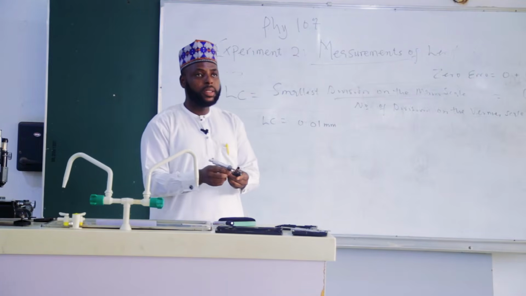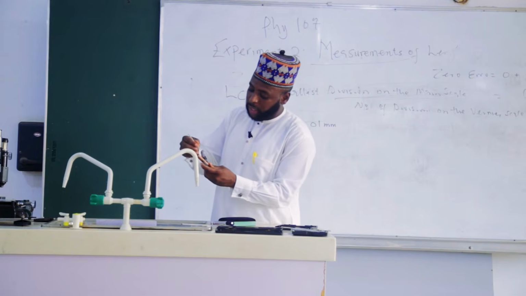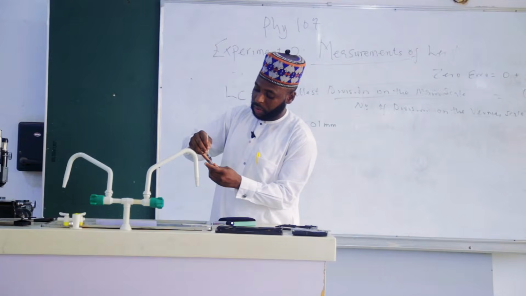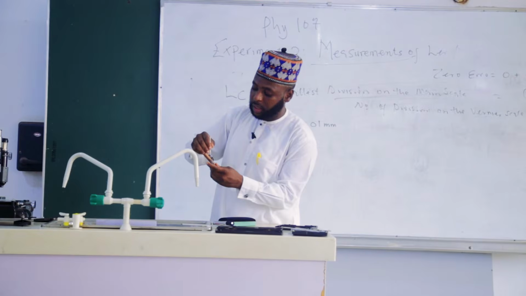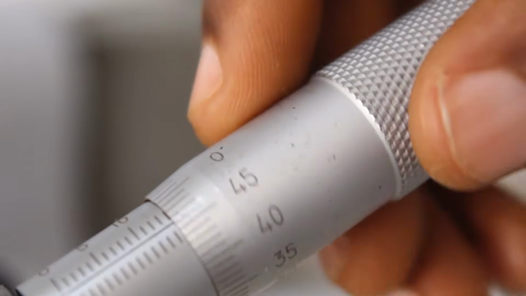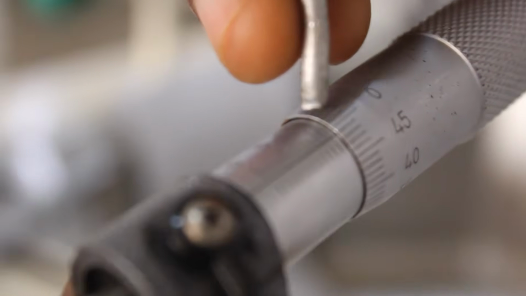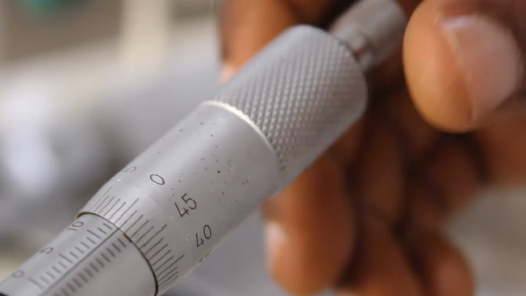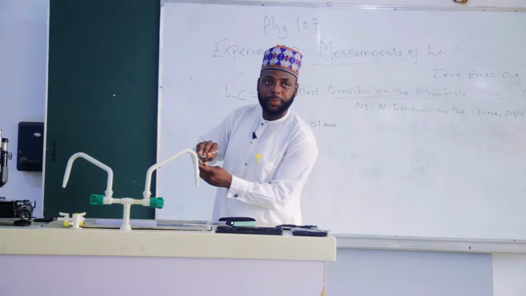Then we take our reading on the main scale. We take the last reading on the main scale that touches the edge of the thimble. That is this one here. If you can see, we have 10, 11, 12. Then we also need to consider the half scale at the bottom.